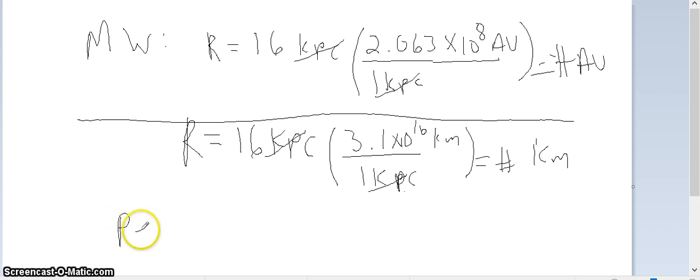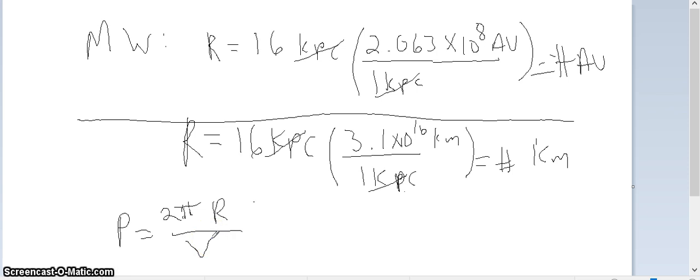The period is equal to 2 pi times the radius in kilometers, right? The reason that it's in kilometers is because you're dividing by the velocity, and the velocity is in kilometers per second.